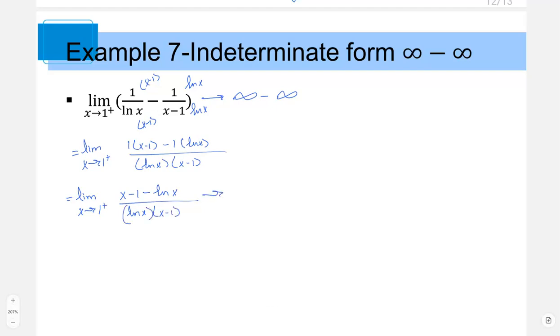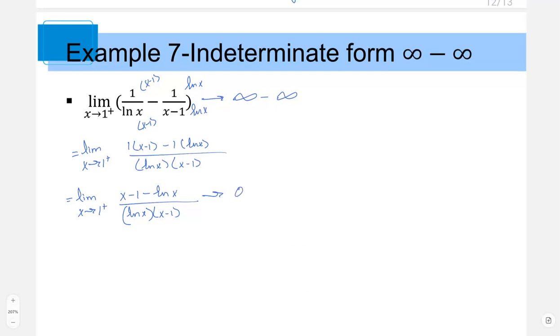Clean this up. So now let's look at what happens. As I approach 1, I'm going to have 1 minus 1, which is 0, minus the ln of 1, which is 0. And then down here, ln of 1 is 0. And this would be 0. So I'm in that indeterminate form, 0 over 0.